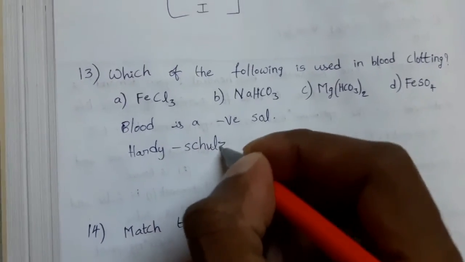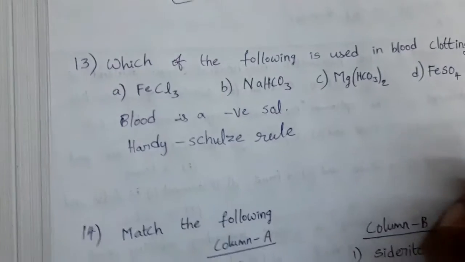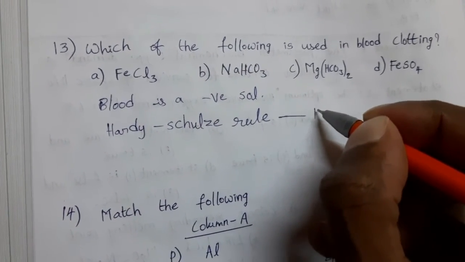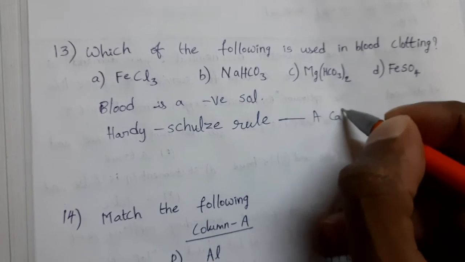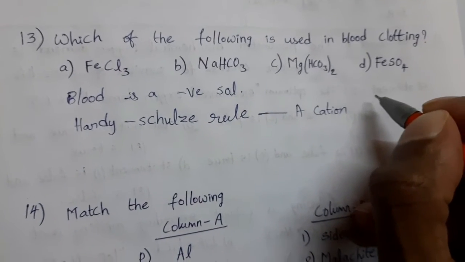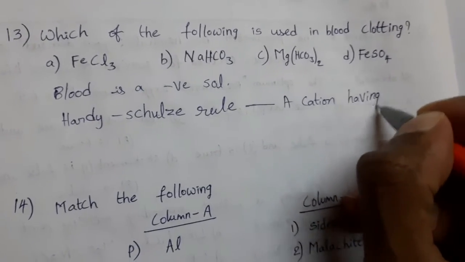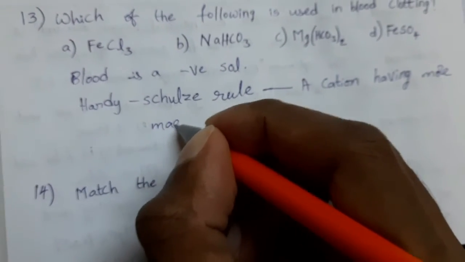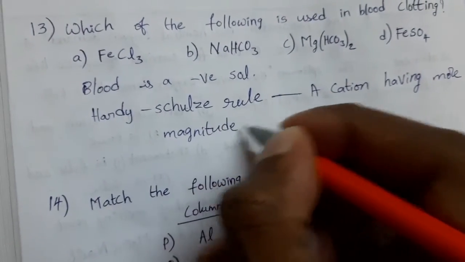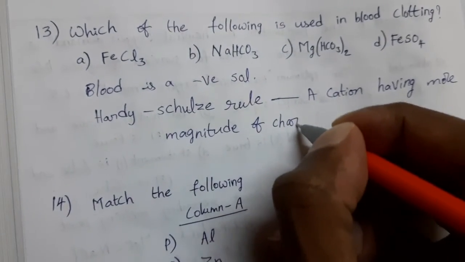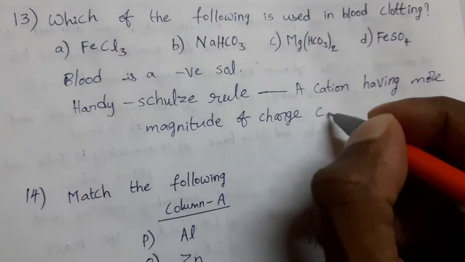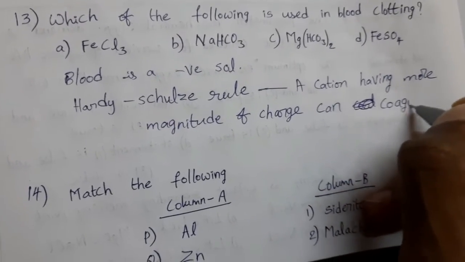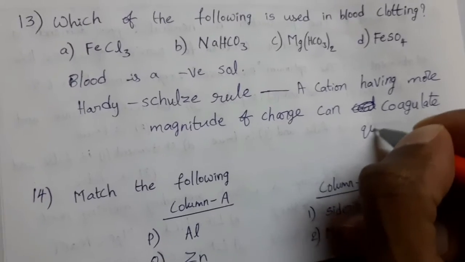So according to the Hardy-Schulze rule. What is this rule? A cation having more magnitude of charge can coagulate quickly.